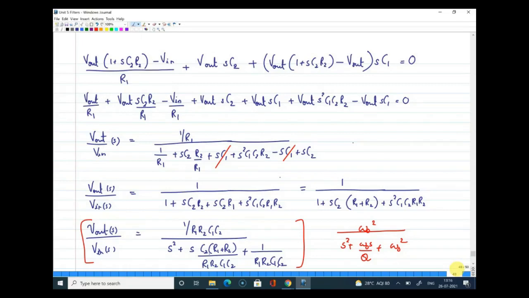Familiarity only will help you to find that. In the other cases you remember, I even asked a question in a quiz, when you have simple filter structures, you can directly see whether your capacitor is short at low frequency or high frequency, and through that you can understand the response.